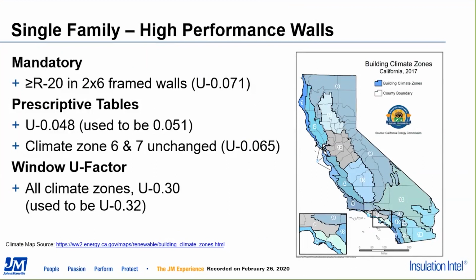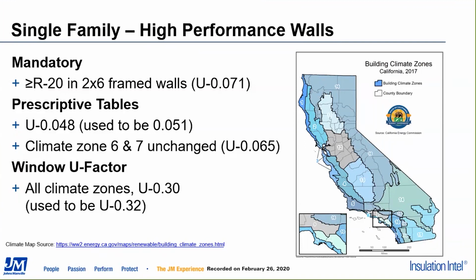For 2x6 walls, the minimum has been increased to R20, or because California really deals with U factors when they talk about walls, it's a maximum U factor of 0.071. What that really means is that if we have a 2x6 framed wall at 16 inches on center, we've got to put at least R20, whether fiberglass or foam, into that wall to meet that U factor.